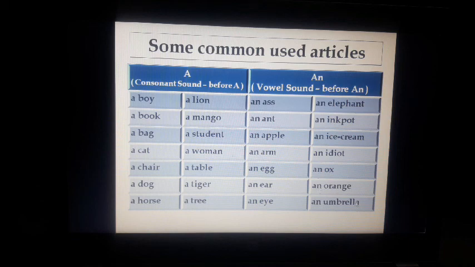These are some common uses of articles that we use in our sentences in our daily life. Let's see some other rules.